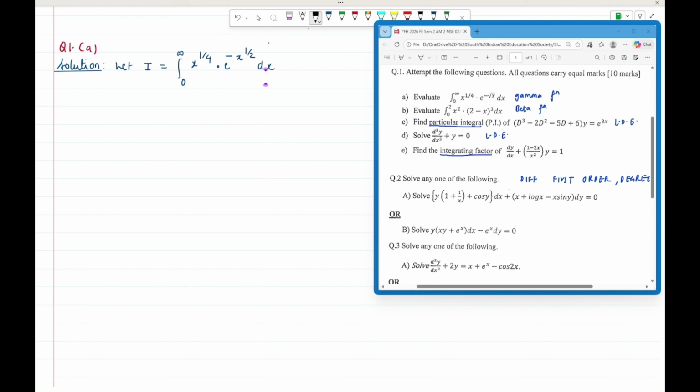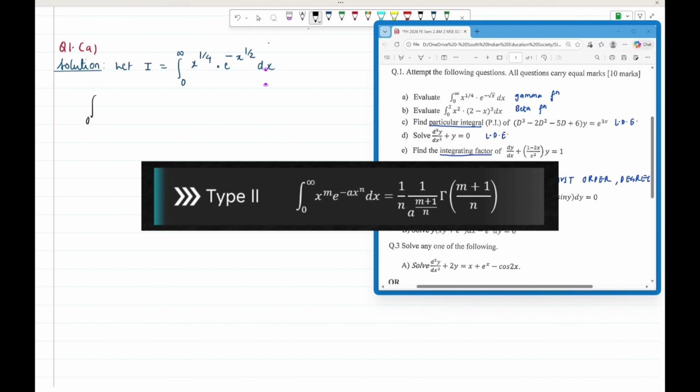And this looks like the gamma function of type 2, which is integral 0 to infinity, x raised to m, e raised to negative a x raised to n dx. And the value of this is given as 1 by n, 1 over a raised to m plus 1 over n, into gamma of m plus 1 over n.